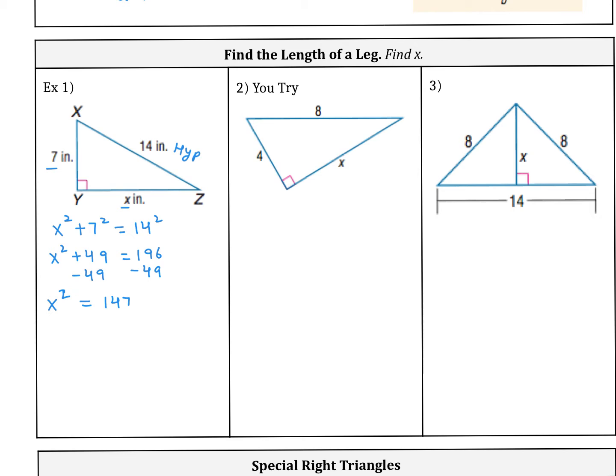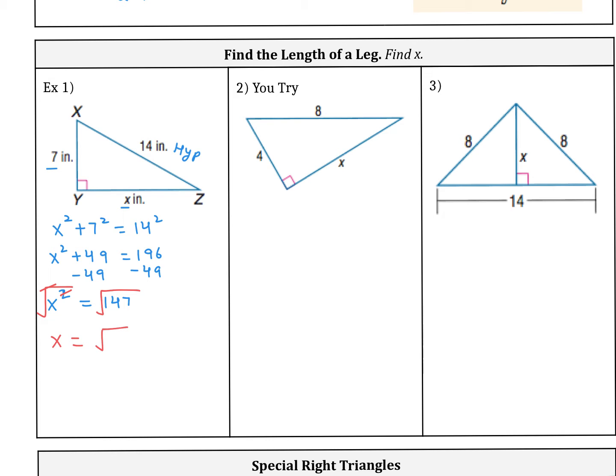To solve for x, you're going to use the opposite. It means you're going to take a square root on both sides. So when you take square root on both sides, normally it is plus or minus, but you're only going to take the plus sign, so you don't have to write plus or minus. Square and square root cancel. You're going to get x equals square root of 147, so always reduce it into a small radical if it's possible.